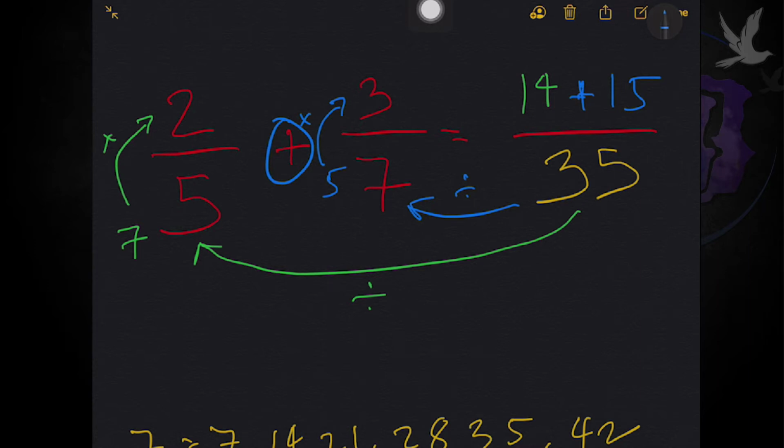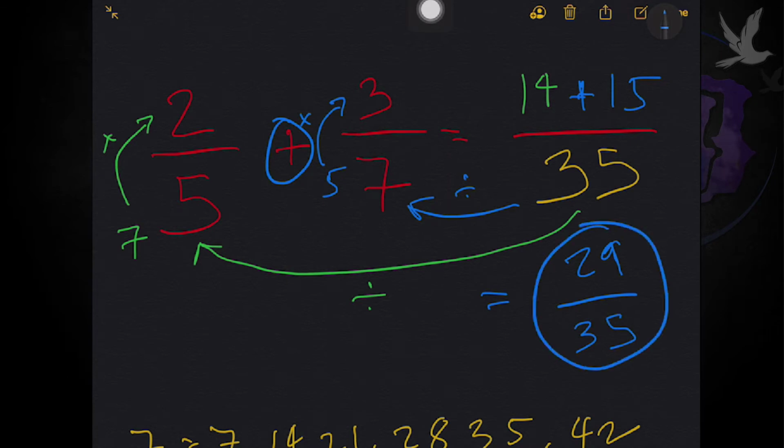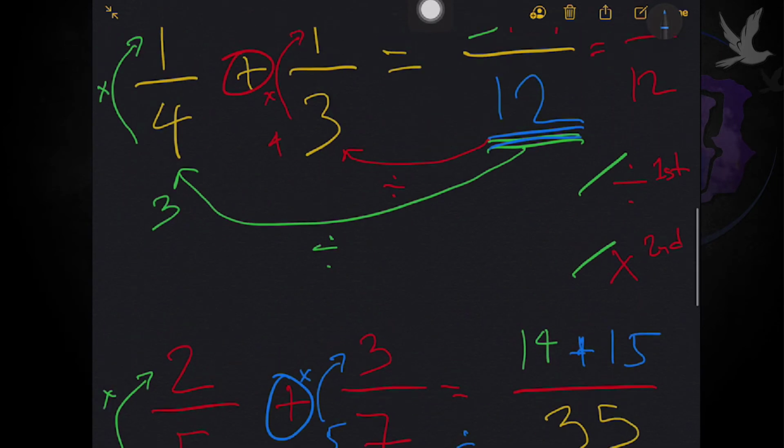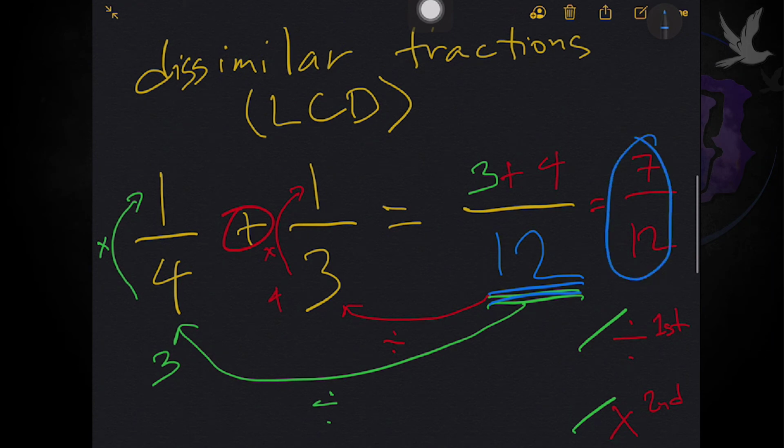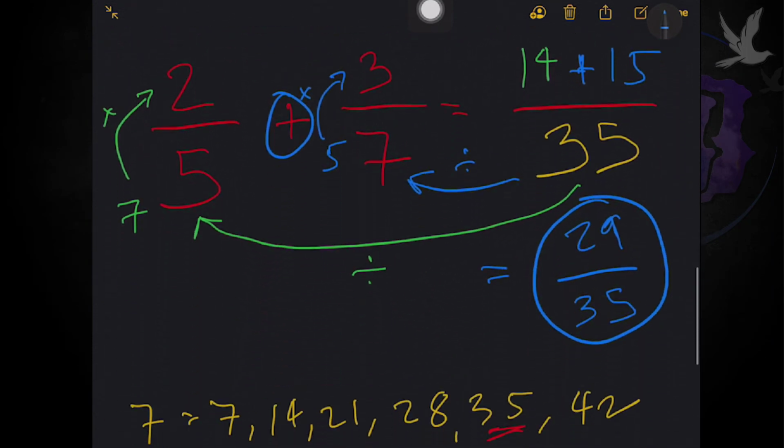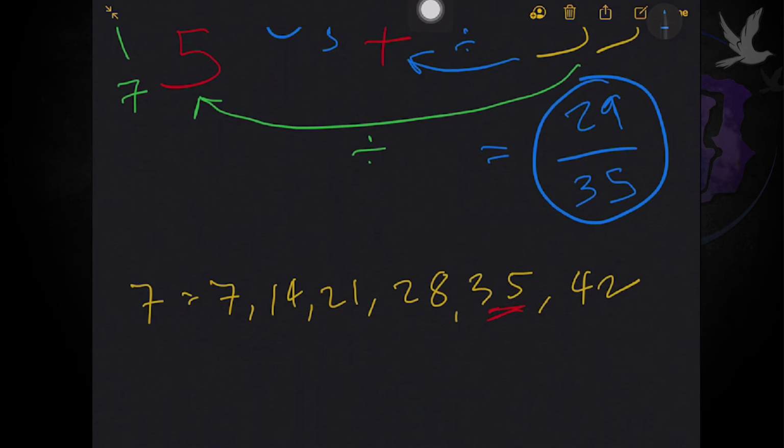Okay, ganun lang yan. Adding both will give you 29 over 35. Ganun lang kasimple. Okay? And if you notice, our answer is in proper fraction form, meaning the numerator is smaller in value compared to the denominator.